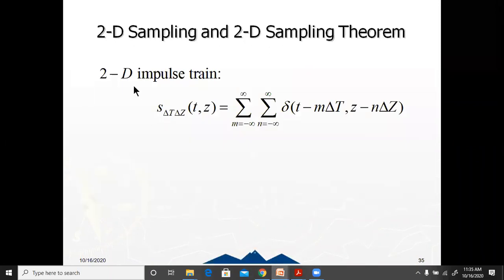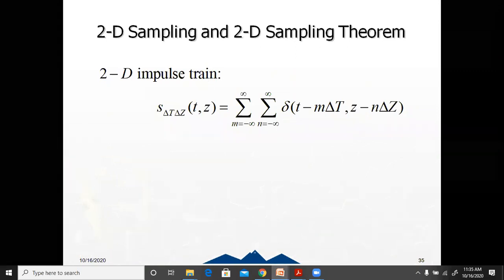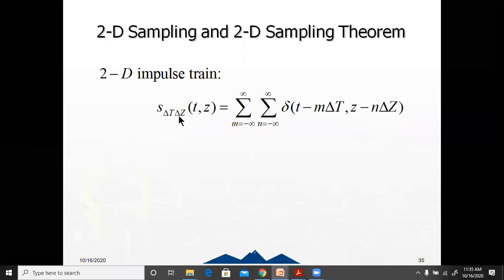So we can consider the 2D impulse train similar to the 1D impulse train, and the 2D impulse train is something like this: double summation of del of t minus m del t, comma z minus n del z. In the single case, at that time we'll have only a single summation, del of t minus m del t.